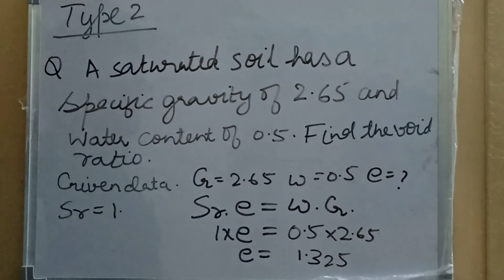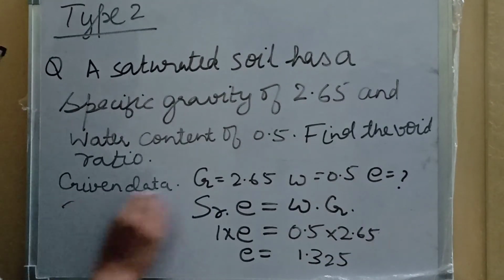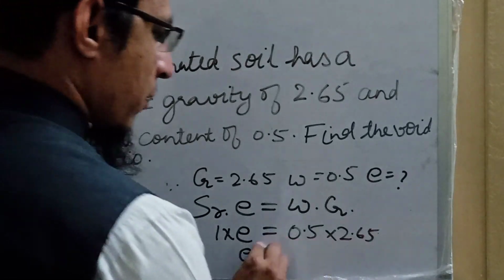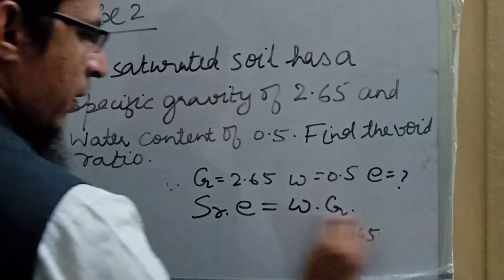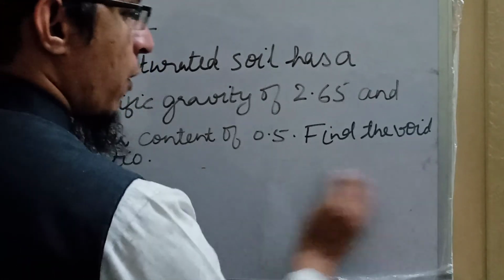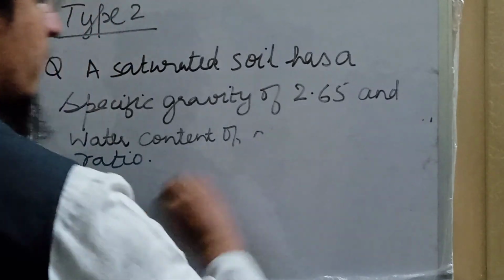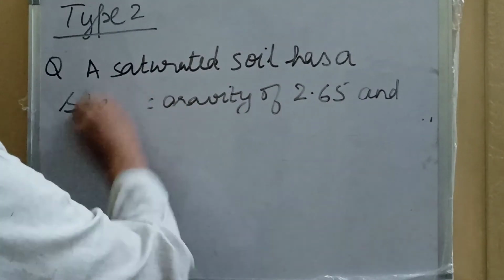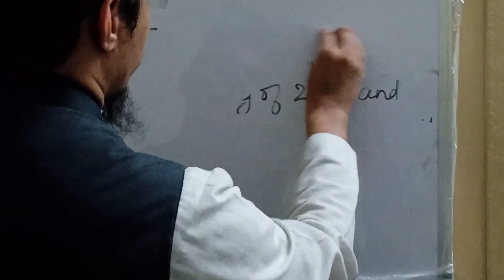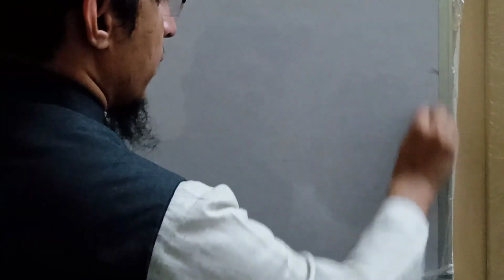More numericals on this are available in the reference books. The link for the reference books is provided in the description box. Two books are provided. One is from Gopal Ranjan, another one is from Karl von Terzaghi, who is known as the father of soil mechanics. So you can check them out.